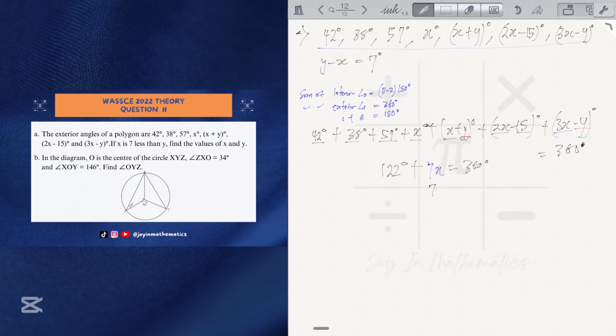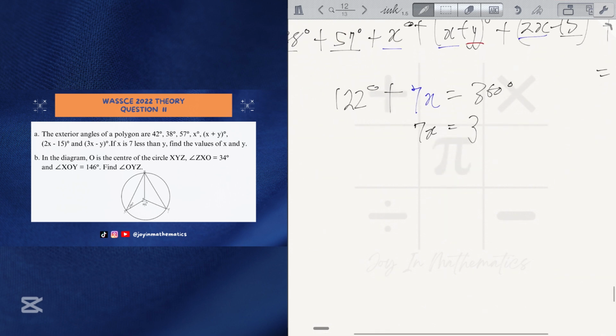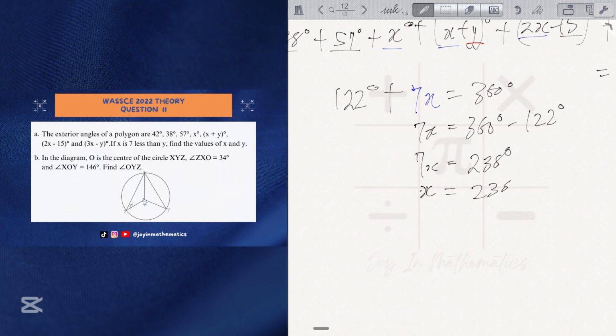We have that 7x is equal to 360 degrees minus 122 degrees, so 7x is equal to 238 degrees. So x is equal to 238 divided by 7, which is equal to 34 degrees.